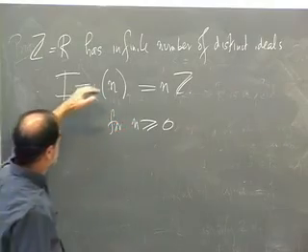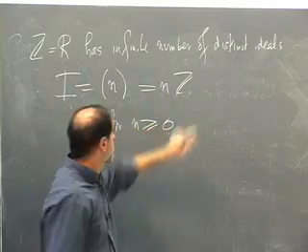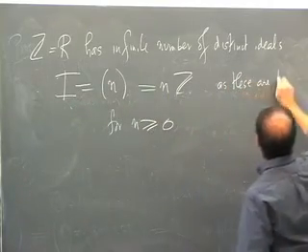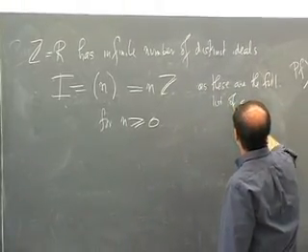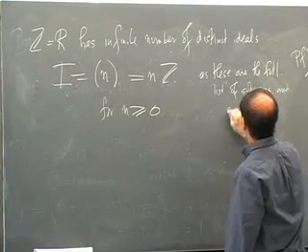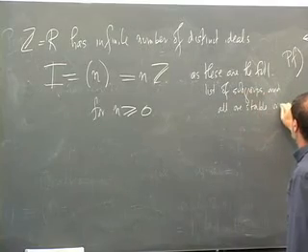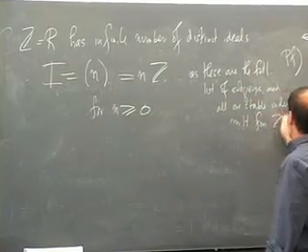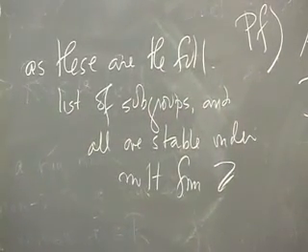In particular, it's a subgroup, and then you check that this is stable under multiplication from the ring, as these are the full list of subgroups, and all are stable under multiplication from Z.